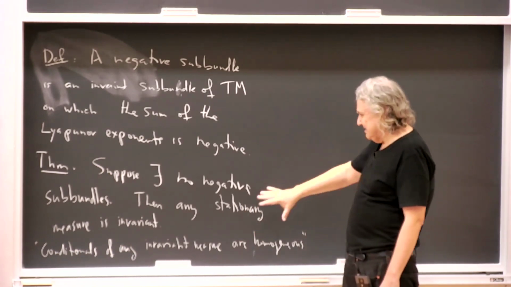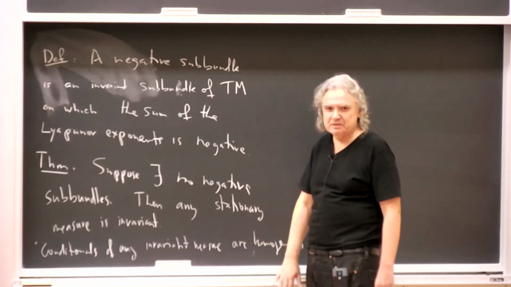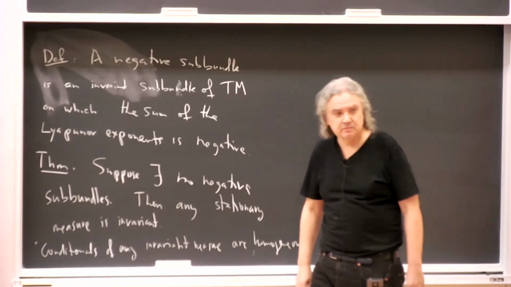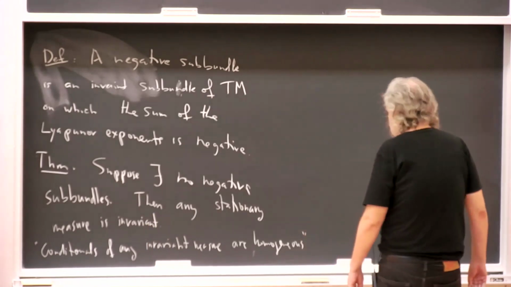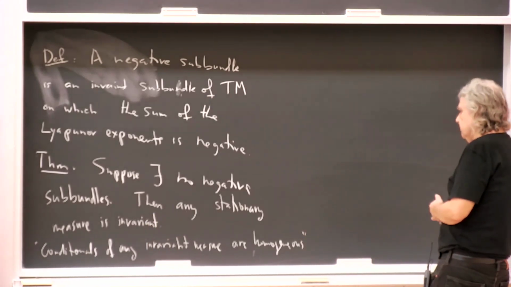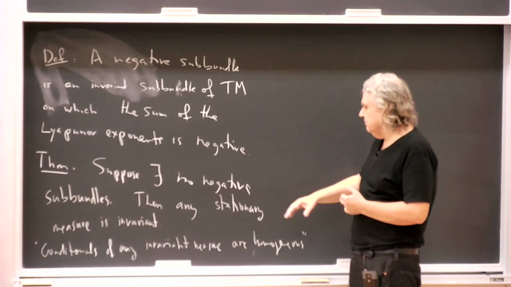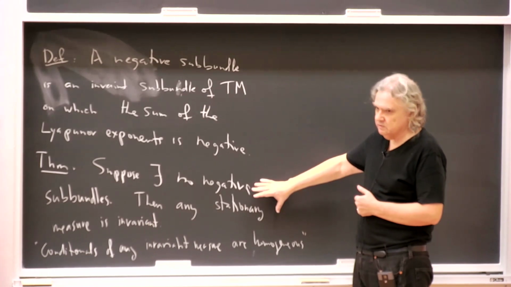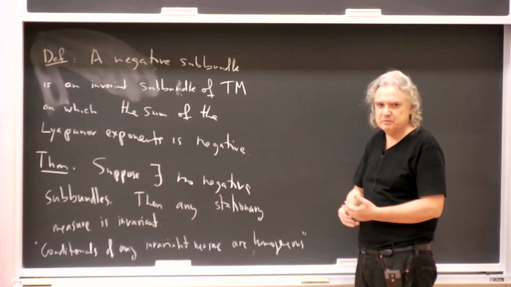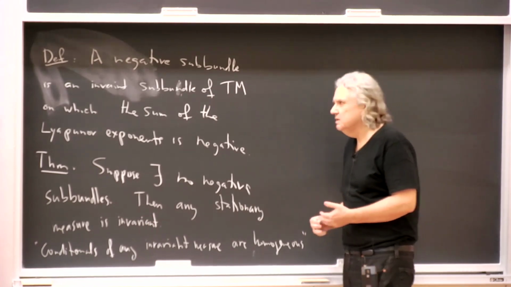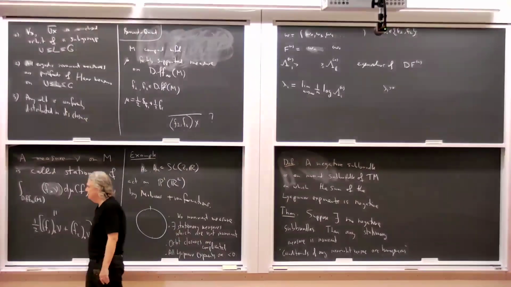Now, this is actually a 250-page proof, so I'm not going to be able to say much about the proof either, but I want to highlight some feature of it at some point. The moral of this is that either you have these negative subbundles or you're in a Ratner world. You expect some sort of measure rigidity like in the homogeneous space situation.